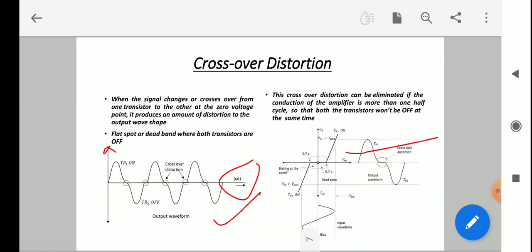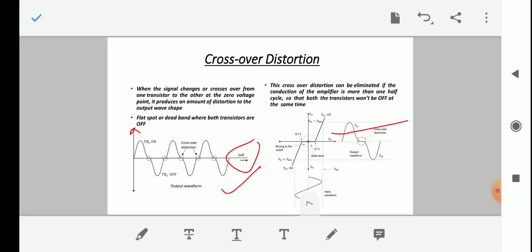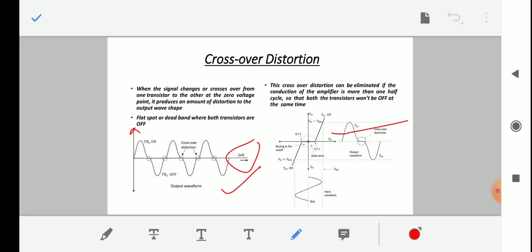Now when the input changes from positive half cycle to negative half cycle, at this point the input voltage is 0. That means at this point neither of the two transistors is in operating condition, and this region is known as a flat spot or dead band zone.